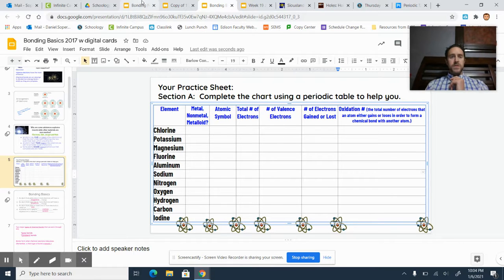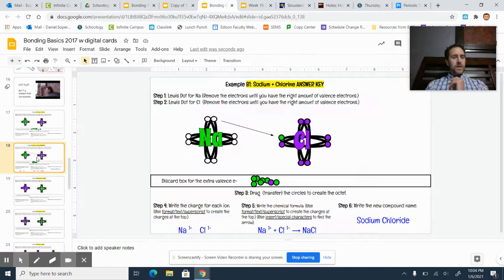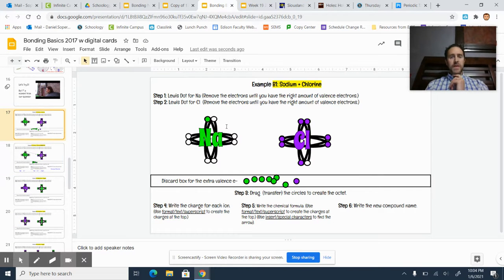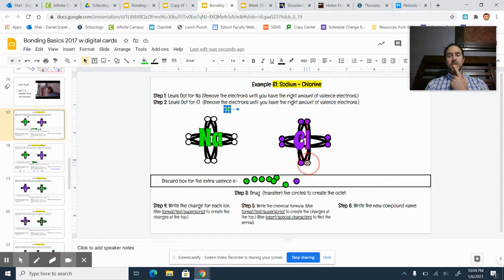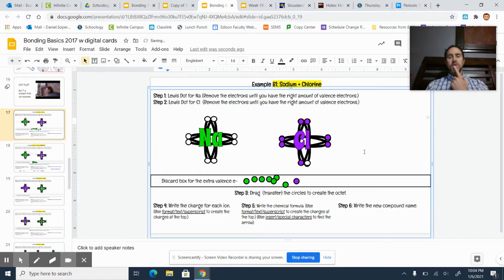If we look here, sodium is going to lose its valence electron, and it's going to have a 1 positive charge. Chlorine is going to get that electron, and that's going to end up 1 negative. Remember, if you gain a negative electron, you're going to end up with a 1 negative charge.